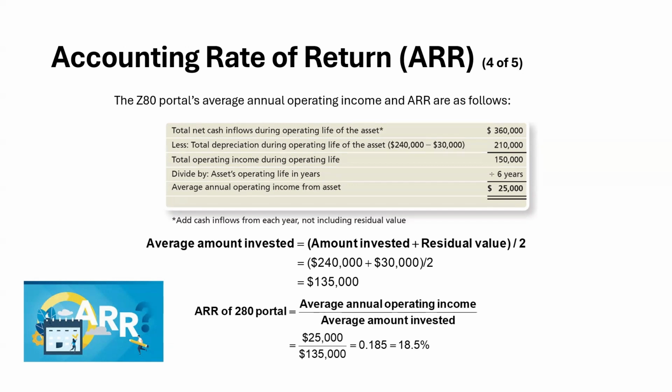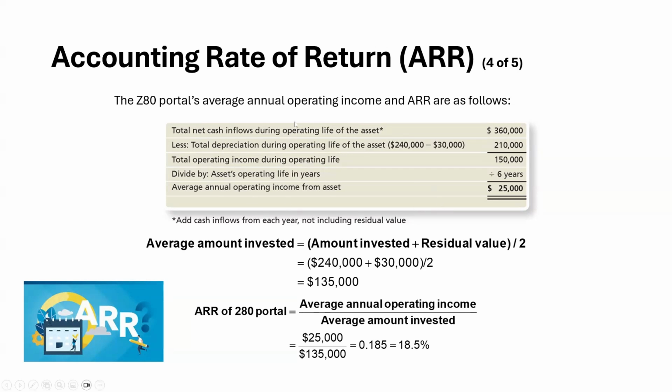To calculate the average annual operating income for the Z80 portal, you have the total net cash inflow during the operating life of the asset, which is $360,000.